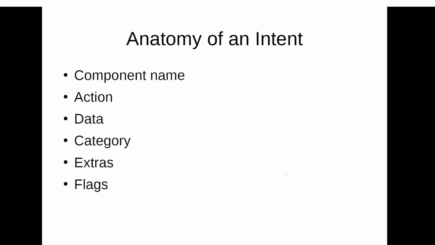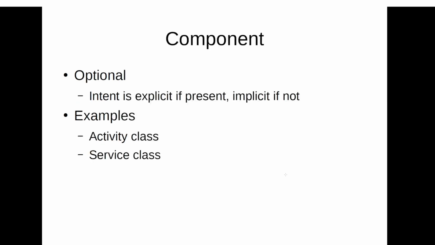Inside of each intent, we tend to find one or more of the following pieces of information: a component name, an action, a data element, one or more categories, extra information, and flags. A component is an optional entry in an intent.